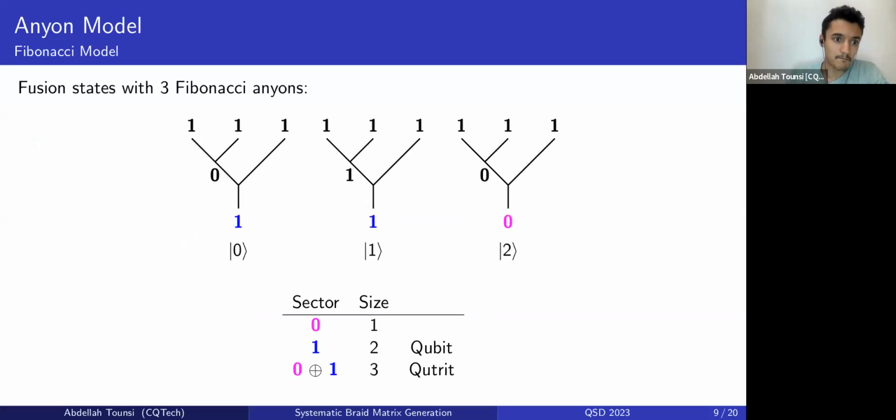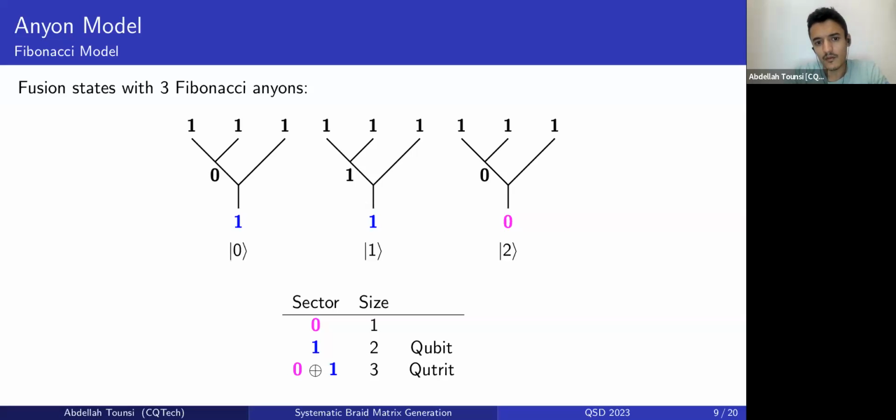for these systems. Let's consider 3 Fibonacci anyons with the same fusion rules. So we have 3 possible fusion states, and we can separate this space of states into 2 sectors. A sector where the anyons globally fuse to 1, and the sector of 0.